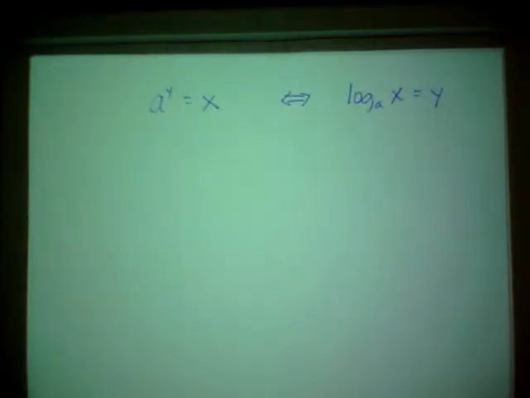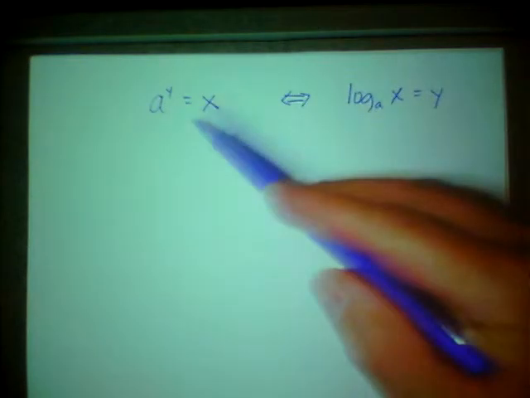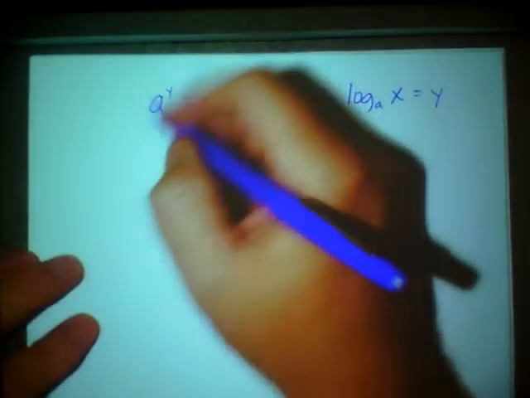So you really have to memorize this. Because oftentimes you'll be given an equation with a log in it, and you're asked to solve it. And the main way we're going to solve it is we're going to convert the logarithm equation to the exponential equation.